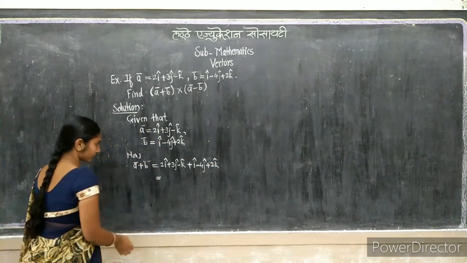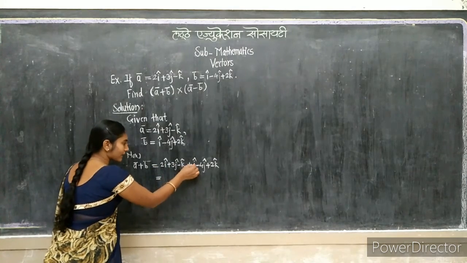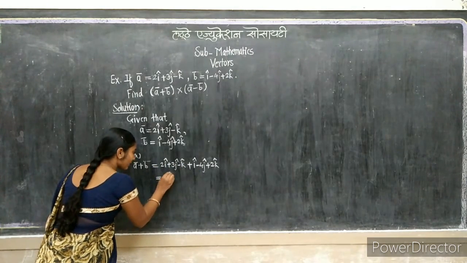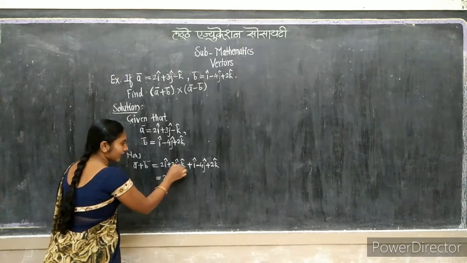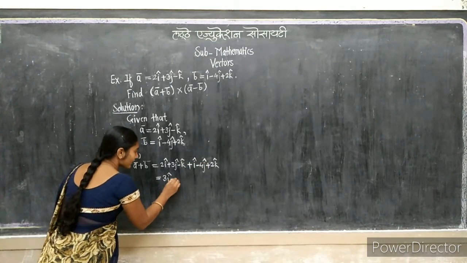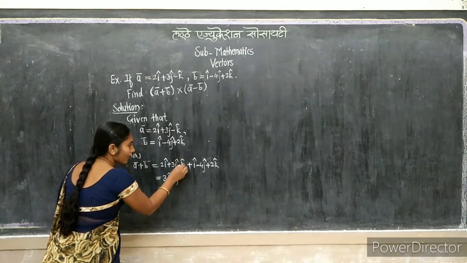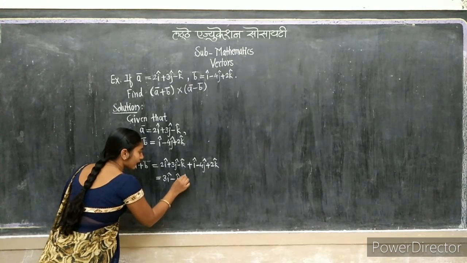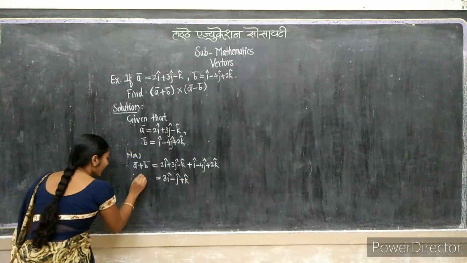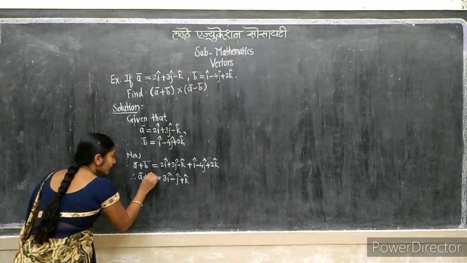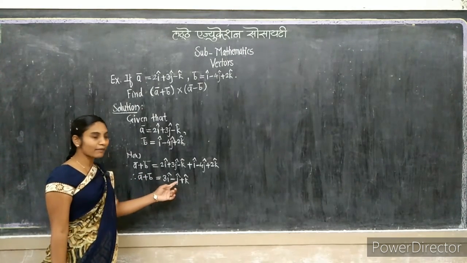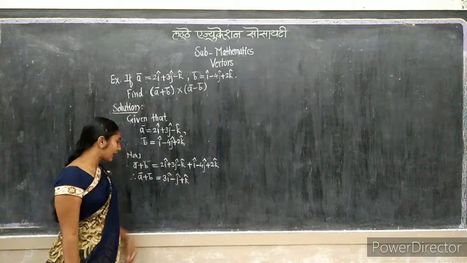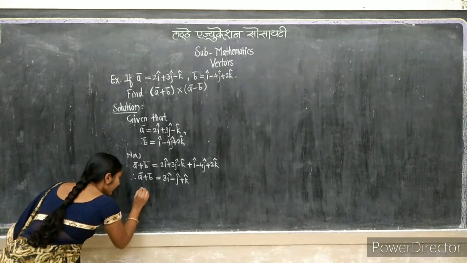Addition: 2i cap plus i cap is 3i cap, 3j cap minus 4j cap is minus j cap, minus k cap plus 2k cap is plus k cap. Therefore, a bar plus b bar is equal to 3i cap minus j cap plus k cap.